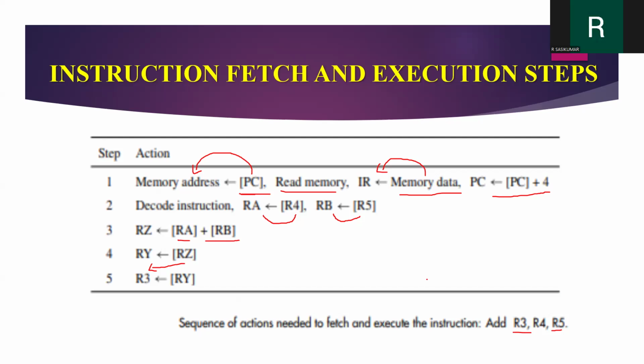So for all R format instructions, add, subtraction, multiplication, division, and all types of logical instructions, step four is not required. So a maximum of 4 steps are required to execute one instruction.